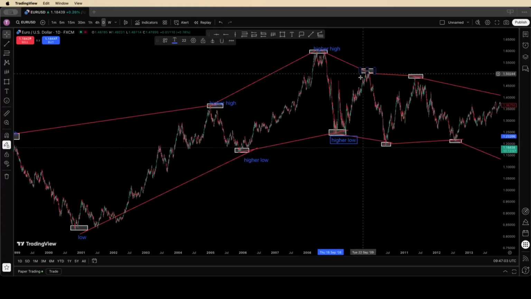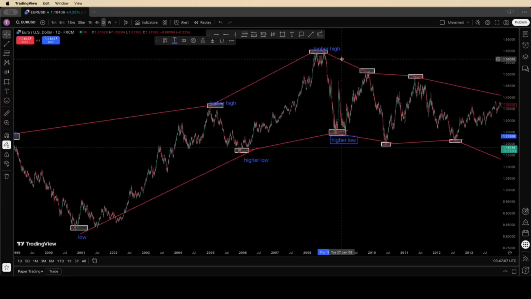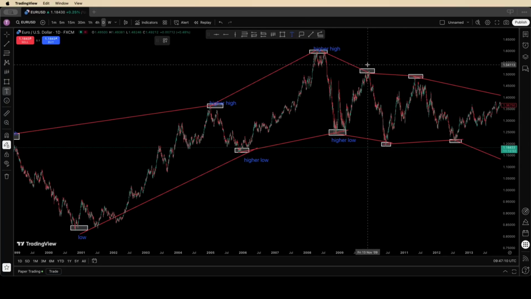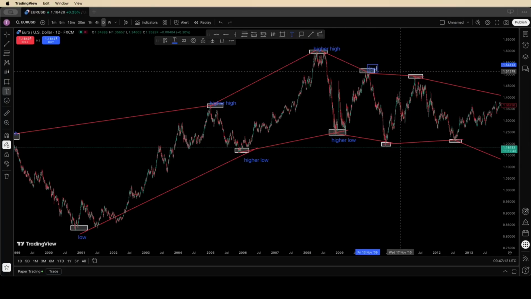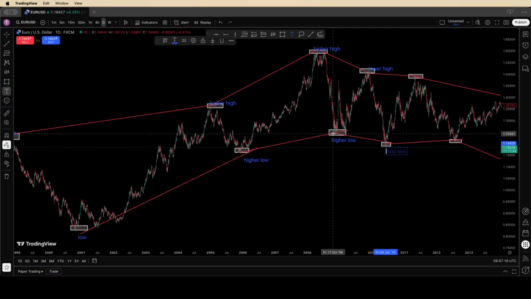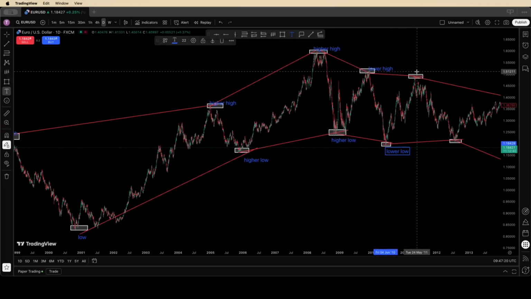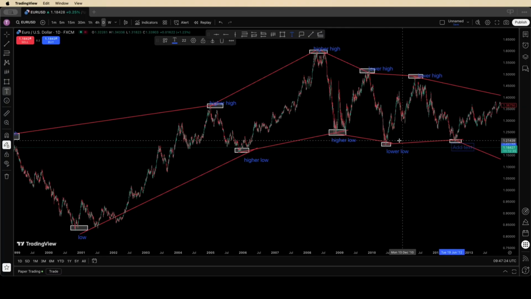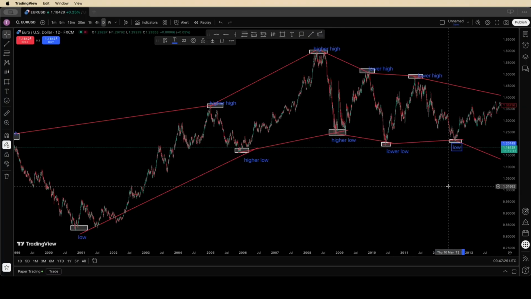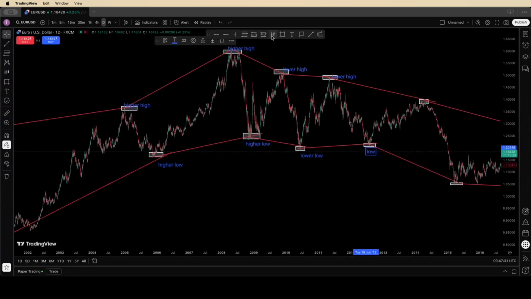And then at this point, is it higher than the previous high? No, right? So it became a lower high, and this is lower than the previous low, so it becomes a lower low. Same thing, this is lower high, and this is around a similar point, so we just call it low for now. You don't want to complicate things.